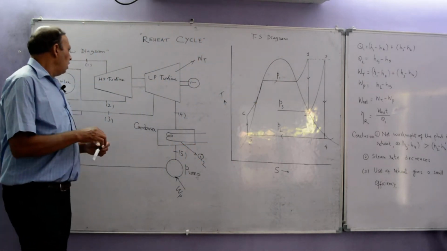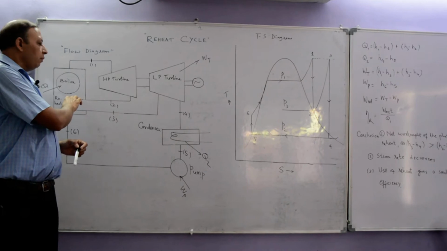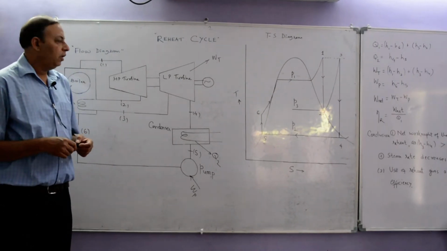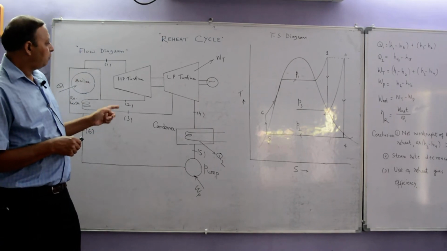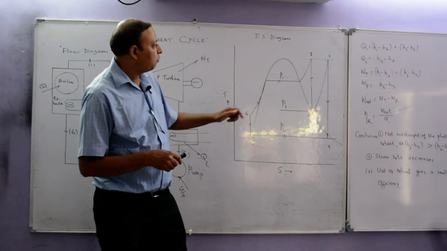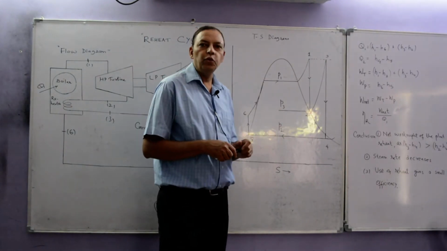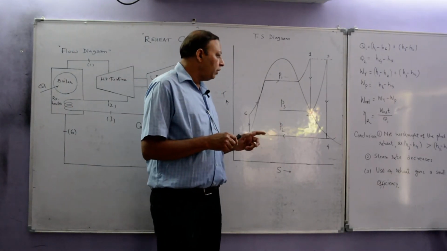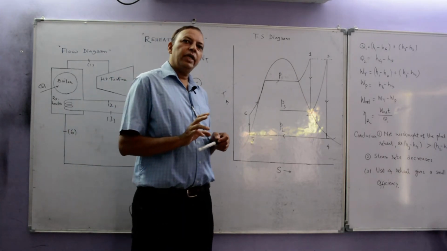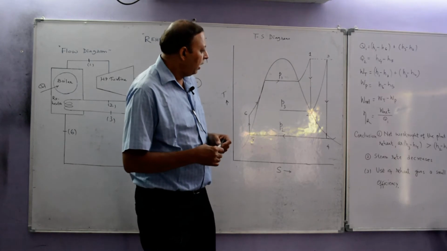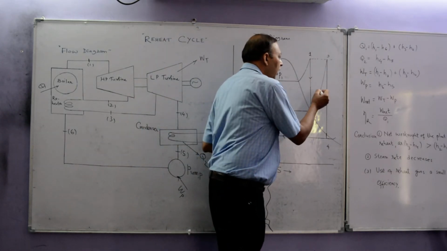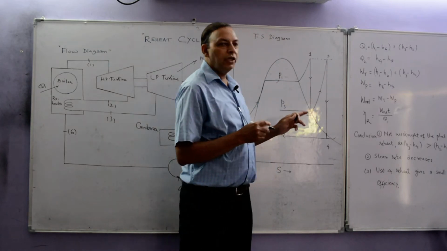So steam coming from boiler is high pressure, high temperature steam. This steam expands in the high pressure turbine. So it expands from point 1 to point 2. Point 2 we take at the saturated vapor state always in case of reheat cycle. And then from 2 it is again reheated to point 3.